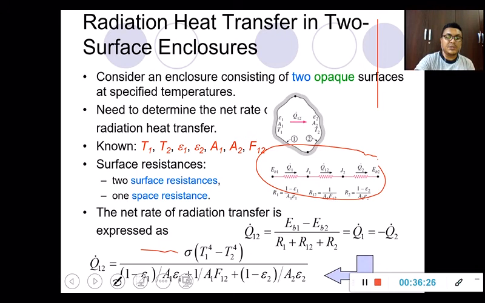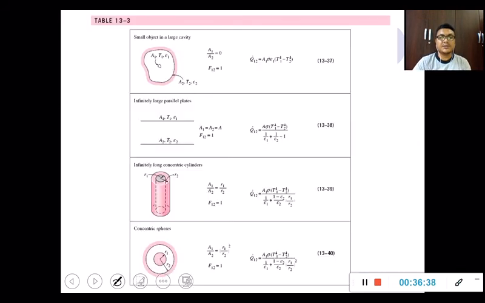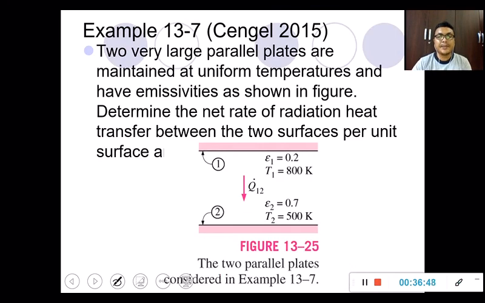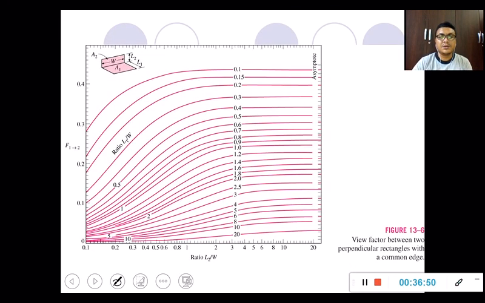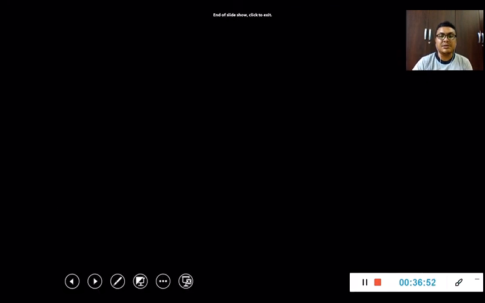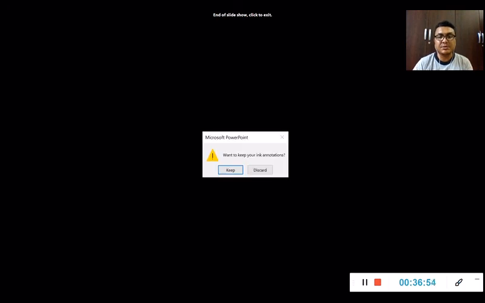But the most important thing, you see that F here, is where the view factor is introduced into the formula. For different cases of radiation, we have different types of formula. So this is the table. So finish.